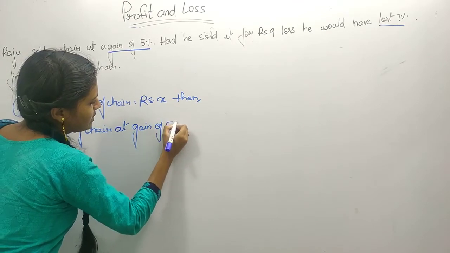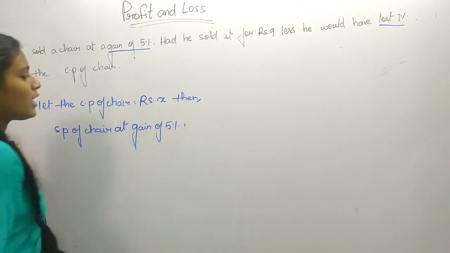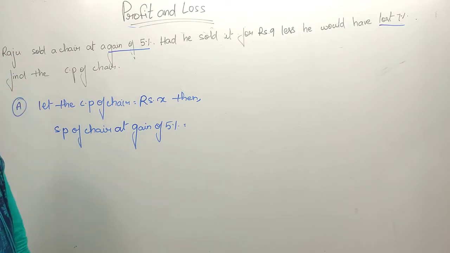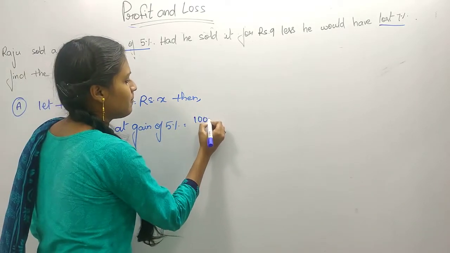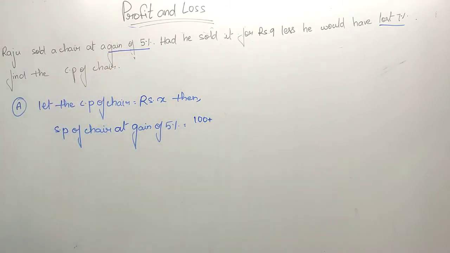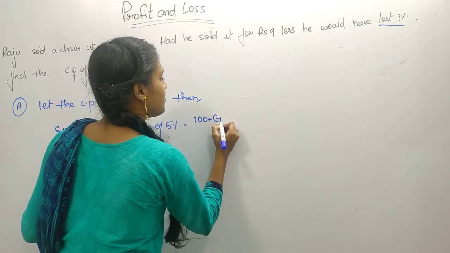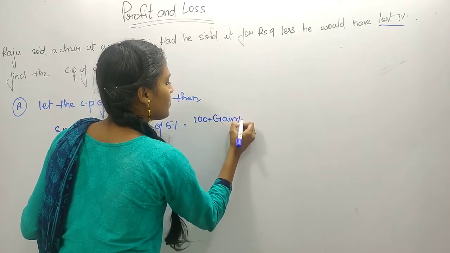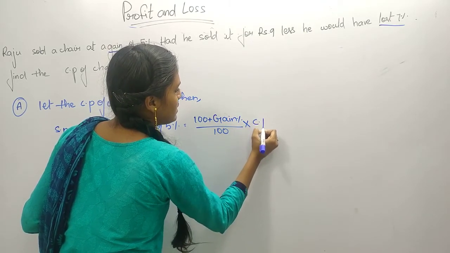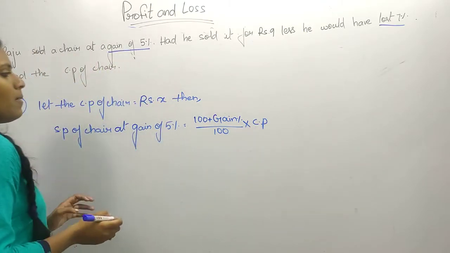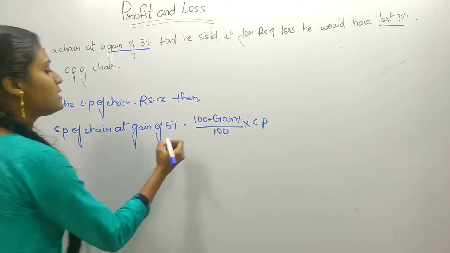Gain of 5% means what will we do? The selling price formula is: 100 plus gain percent, by 100, into CP.